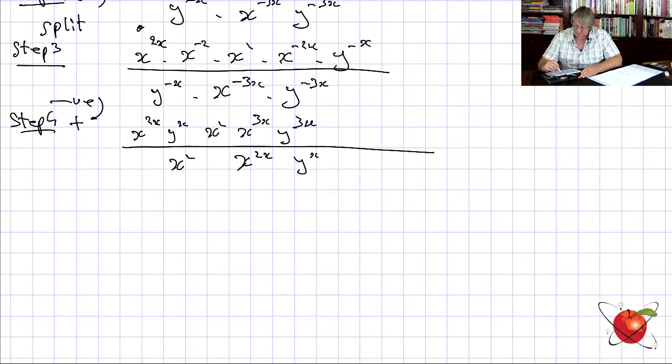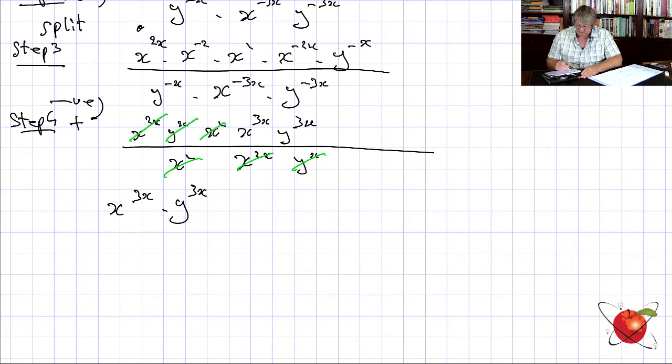Now, I've done everything I can. I take out my cancelling pen. x to the 2x, yes, there he is, gone. y to the x, you're gone as well now. x squared, you're gone as well. What have I got left? All we've got left is x to the 3x, y to the 3x.